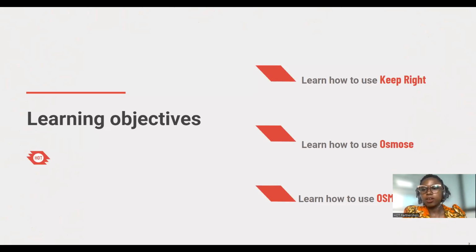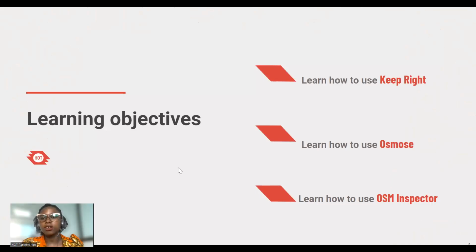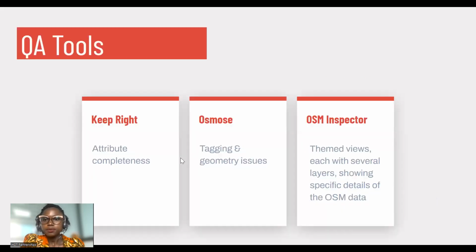So today, these are the objectives for the session. We are going to learn how to use KeepRight. We're also going to learn how to use OSMose and OSM Inspector. Just a brief description about these tools. One thing I may say, these tools work more or less the same, just that they work differently on different data quality issues, as you'll see as we move on.